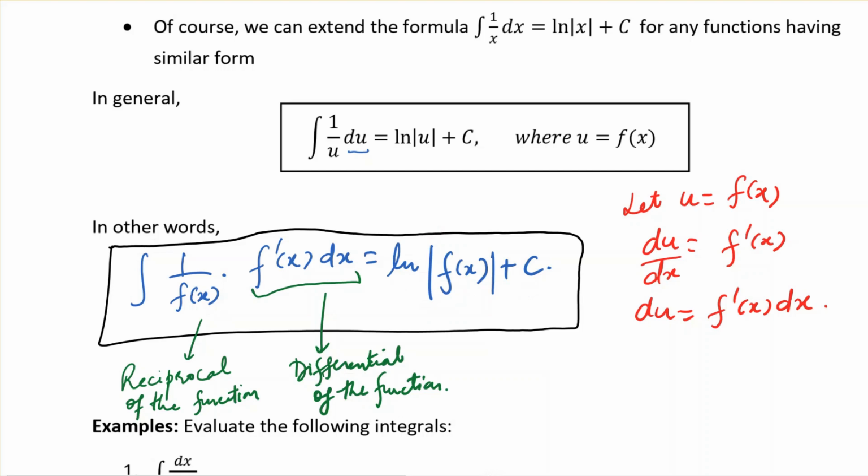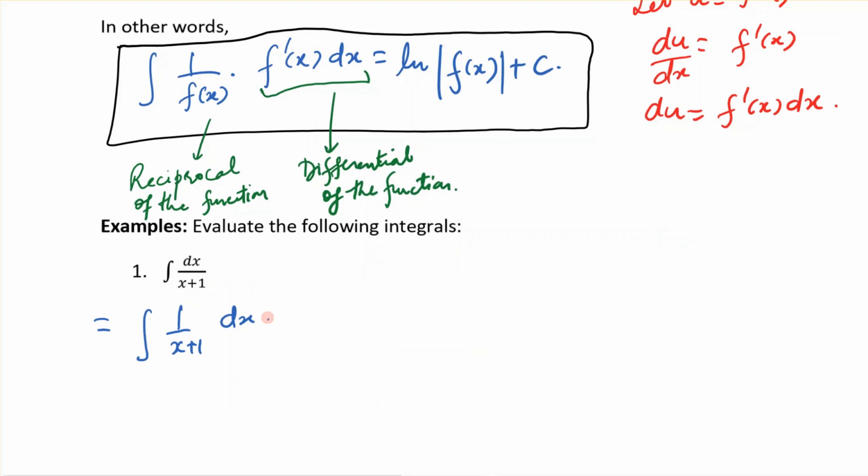So let's do a few examples in which we will use this result over and over. First, in this example, we have the integral of 1 over x plus 1 times dx. We identify that our function u is x plus 1 and the differential of that is dx.